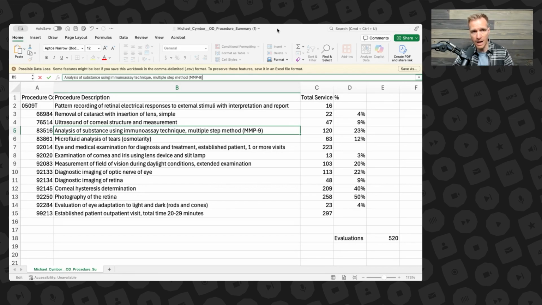Okay. Now let's look at macula. So we clearly know this doctor manages patients who have glaucoma, but he's also performing a retinal OCT on 9% of his patient population. Okay, so again, of the 520, 9% of them have some retinal disorder that he believes is important, for Medicare populations.